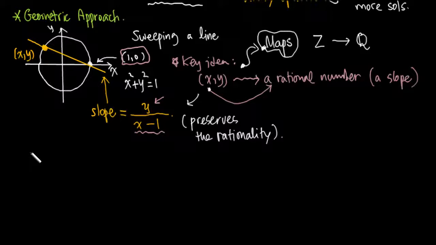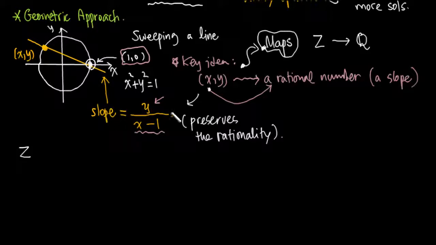So let's write this down more correctly. I'm going to define Z, the set of all rational solutions to this unit circle, but there's a little bit of a problem in this definition. If you happen to choose this rational point to be the point 1 comma 0 itself, intuitively we should define that line to be this vertical line, the tangent if you continuously approach it, and that tangent line happens to be vertical.